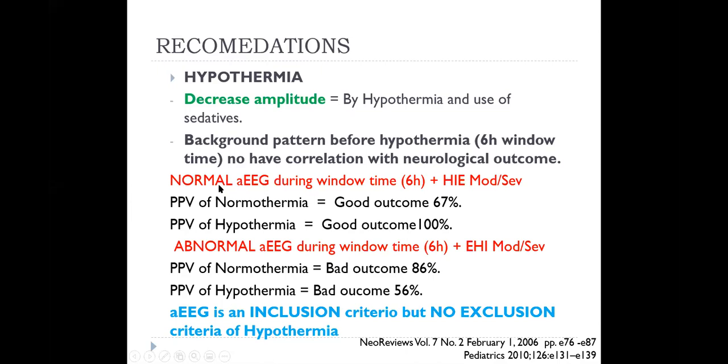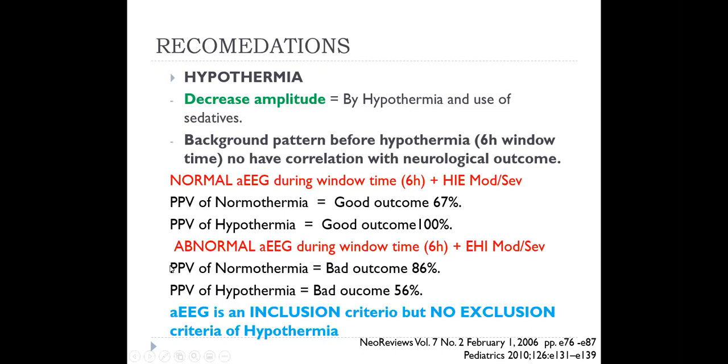If you have normal aEEG during window time and you make hypothermia, the good outcome is in all the babies. This is published in Pediatrics. If you have an abnormal aEEG during window time plus hypoxic ischemic encephalopathy, moderate to severe, the positive predictive value by normothermia for bad outcome, abnormal aEEG and bad outcome, is 86%.